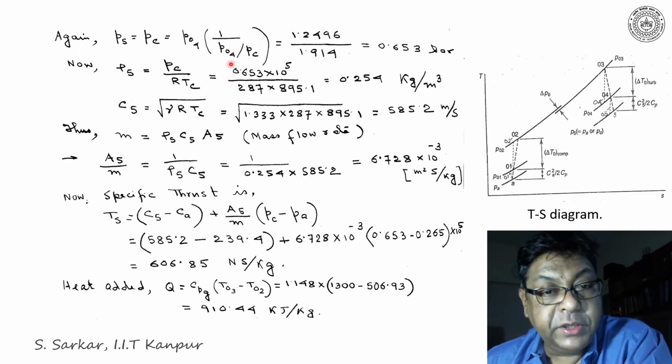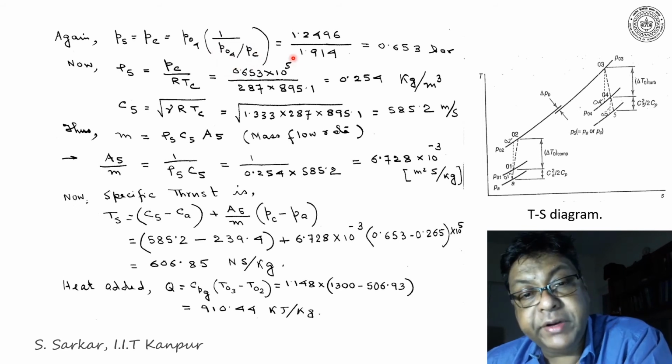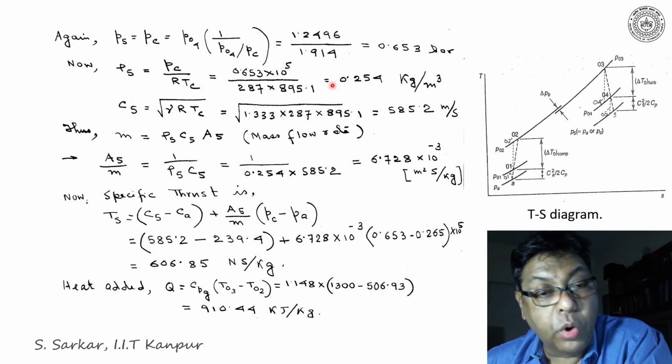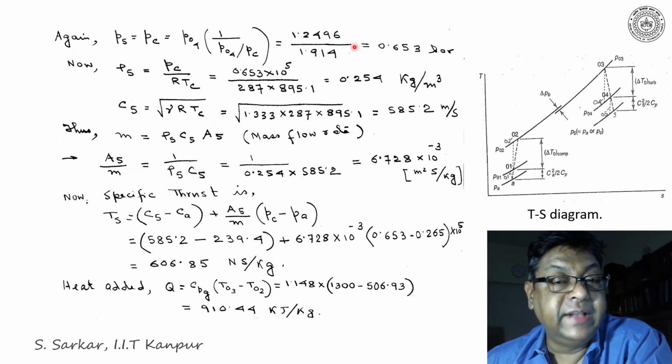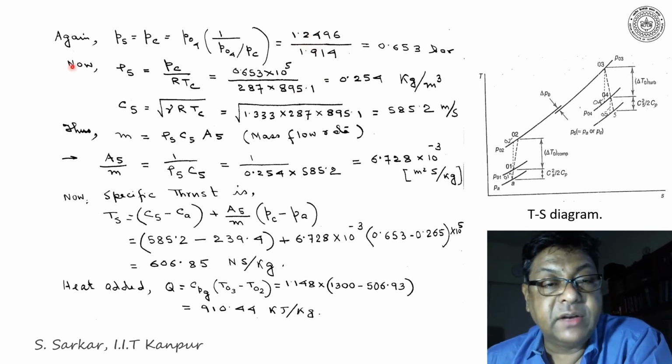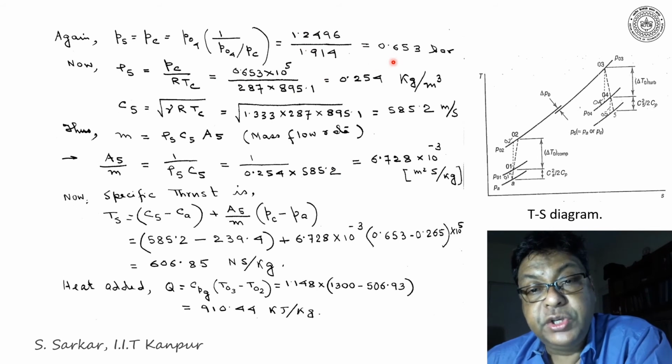The ratio of P04 by PC I have evaluated as 1.914 and P04 as 1.2496. Thus I have calculated P5 as 0.653.